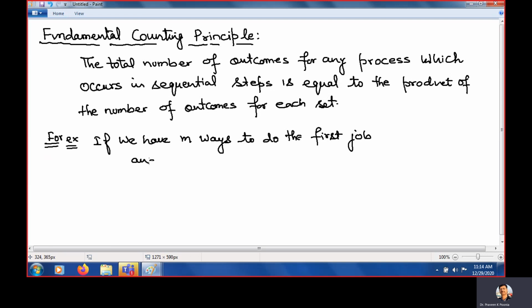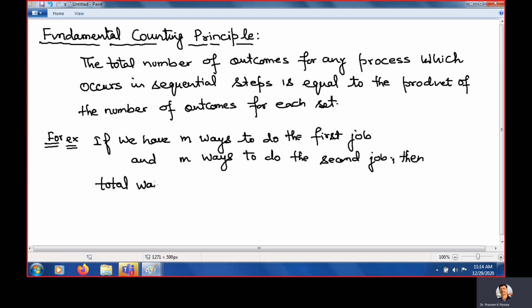and n ways to do the second job. Clear? Then the total ways to do the jobs is equal to m times n.